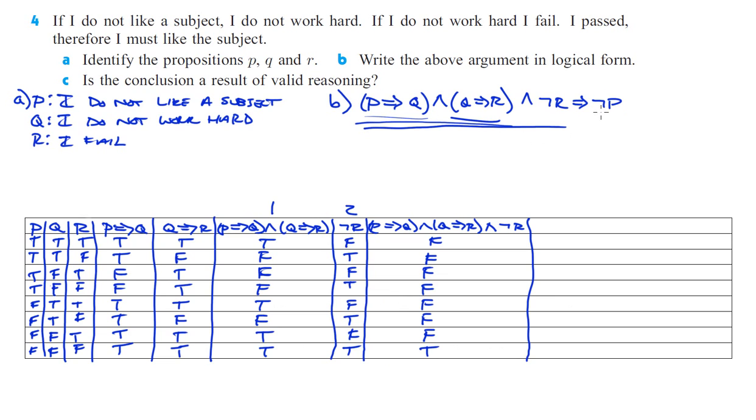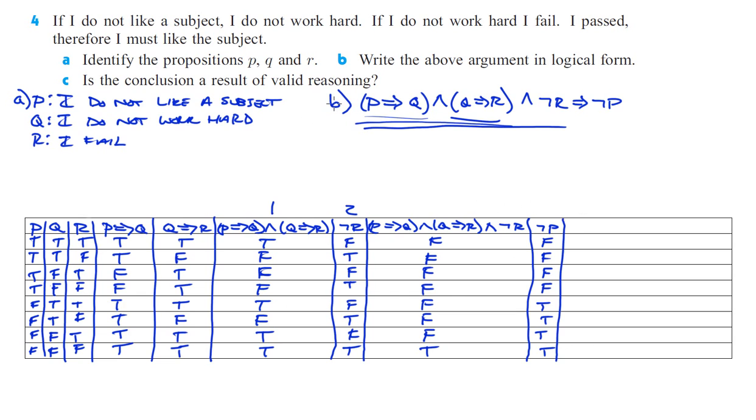We just have to see if this implies not P. So let's put in not P here. Well, P is true, true, true, true, false, false, false, false. So that's going to be false, false, false, false, true, true, true, true.